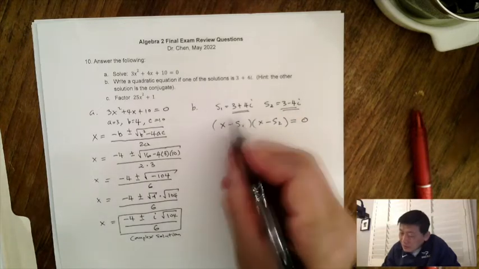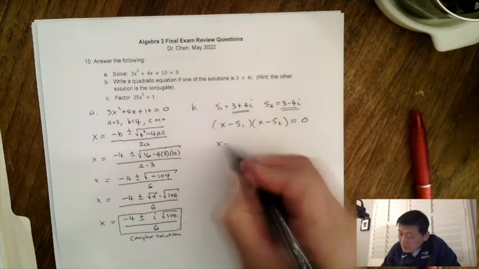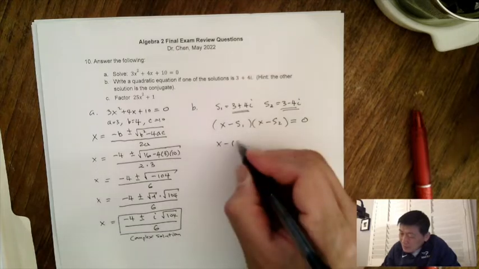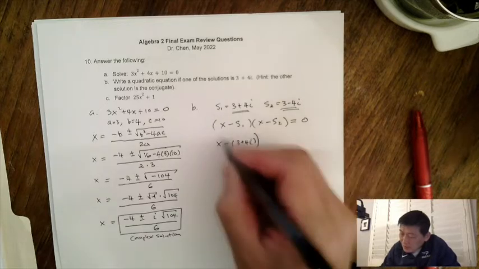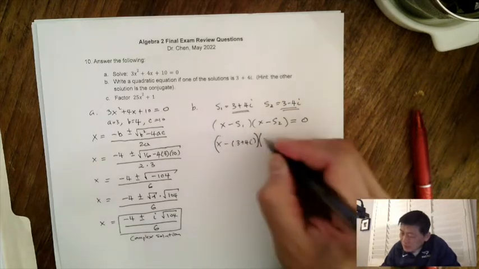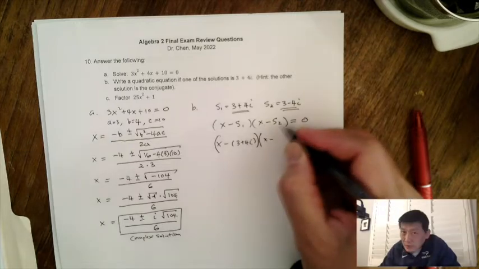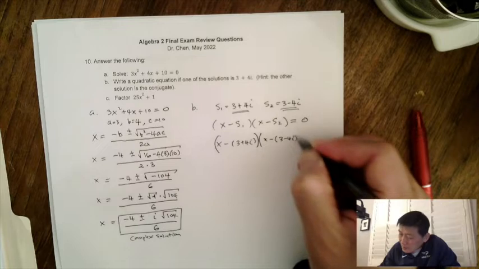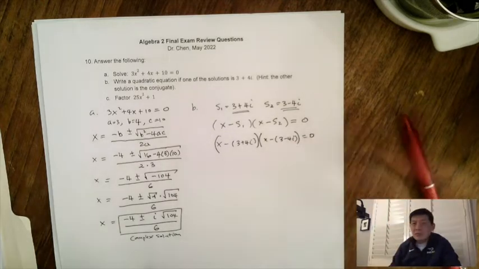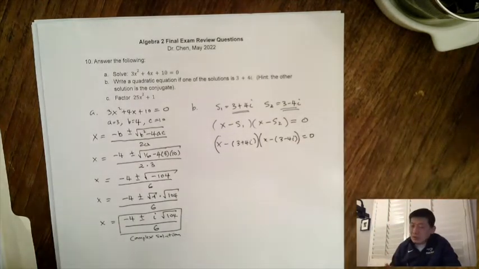Then I can just replace that: x minus (3 plus 4i), right? And the bigger parenthesis for that one, and then x minus s2, right? Solution 2 is (3 minus 4i), big parenthesis, so it equals 0. So you see, this is basically equivalent, right?